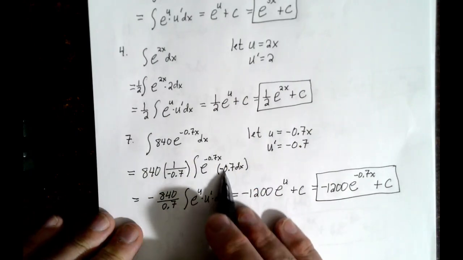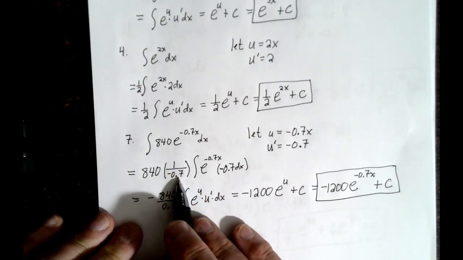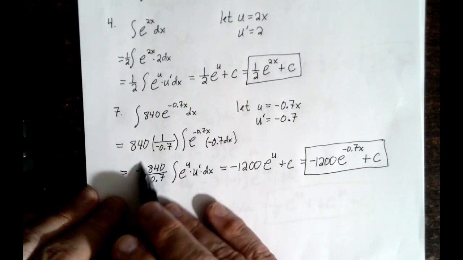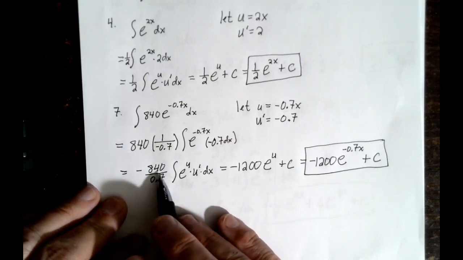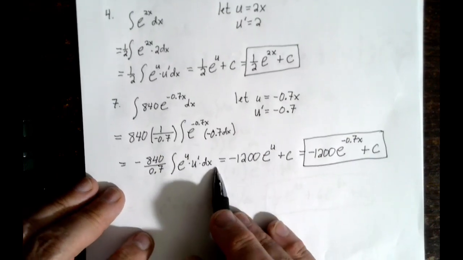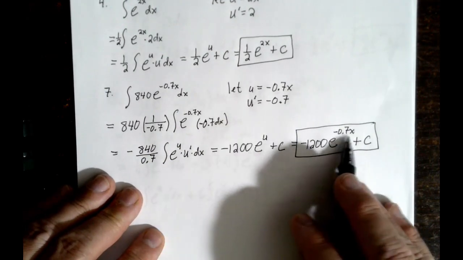So if you're going to introduce negative 0.7, you got to also introduce 1 over negative 0.7 to cancel each other out. And so it turns out this gives you negative 1,200. This is e to the u prime dx, and we just integrate that and we get e to the u. And our u is this guy here, so there we go.